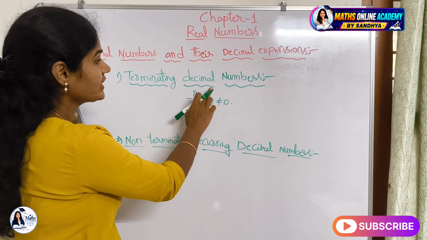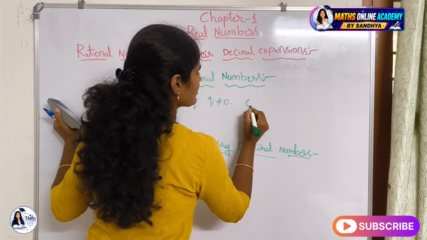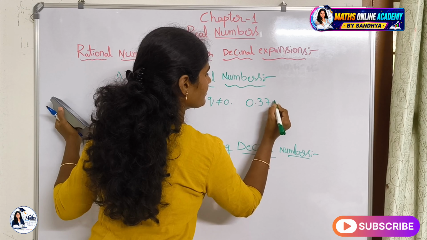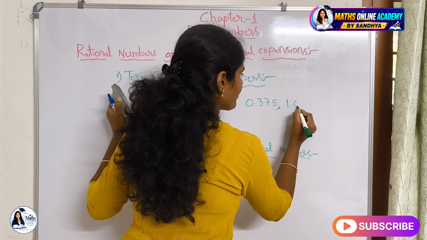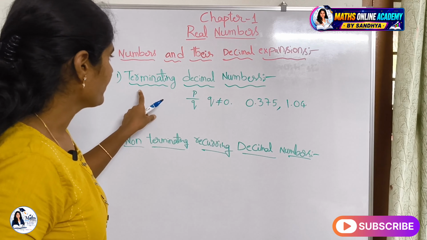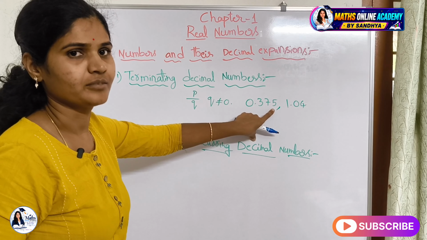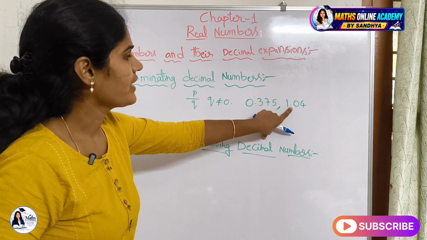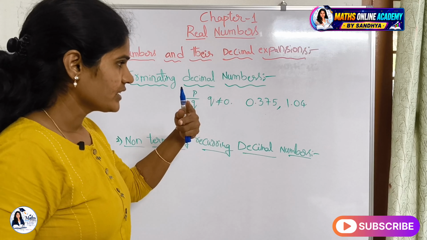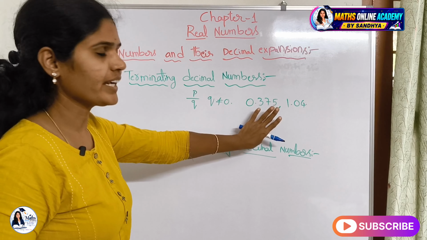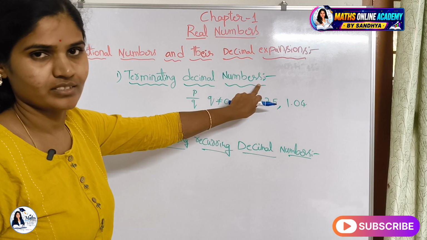For terminating decimal numbers, examples are 0.375 and 1.04. It means that after the decimal point the number is finite, not repeating, it ends with some number. These are called terminating decimal numbers.